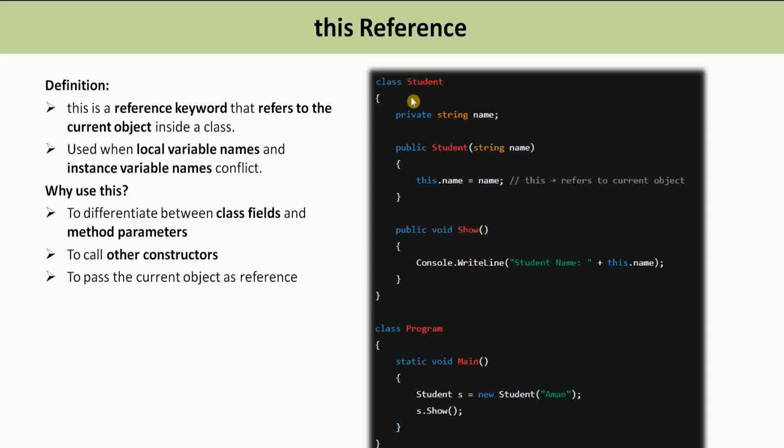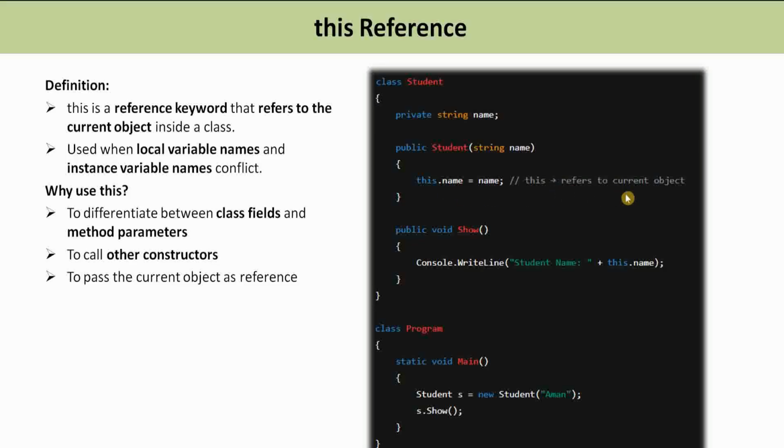So here we have one example. Inside a Student class, we create one name field and one Student constructor, and we are passing one parameter. Here you can focus: the parameter name and the field name are the same. To differentiate between these two, we can use the this keyword to differ between the parameter value and the field value. This one is the field value and this is the parameter value.